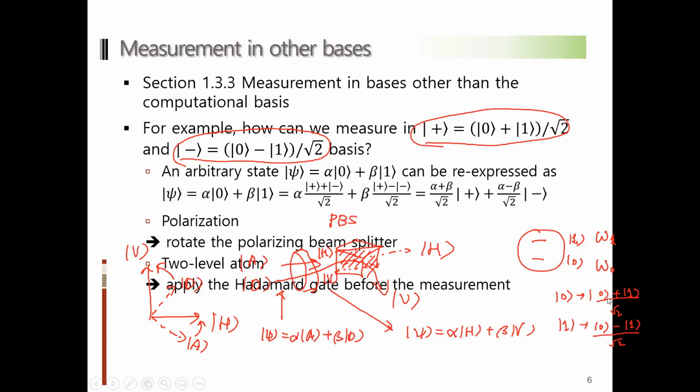Then it corresponds to the change of the measurement basis. If you think about rotating this polarization linearly, then the application of the Hadamard gate can be understood physically. And once we apply such a gate and then measure, it is equivalent to measuring in the plus minus basis.